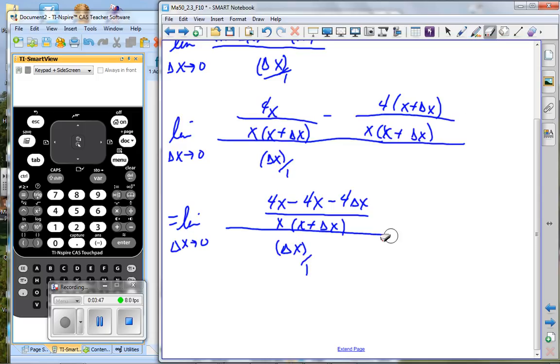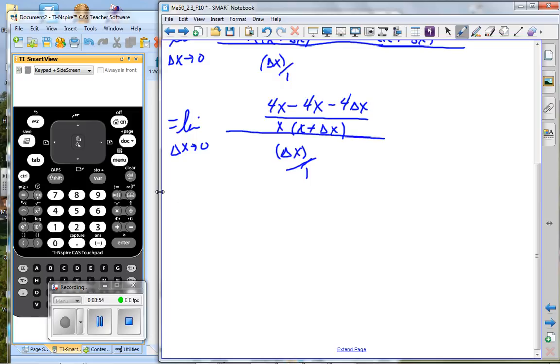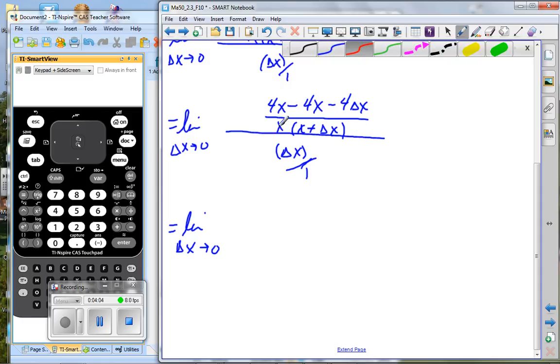Okay. Well, we went over this, I believe, that if we're going to divide by a fraction, we need to invert and multiply. So we're going to have the limit as delta x approaches 0. Now, while we do this next rewrite, we can also consider that up here these terms are going to cancel.